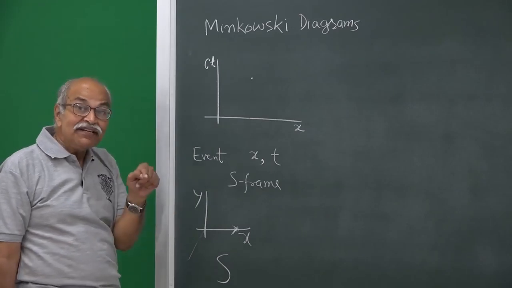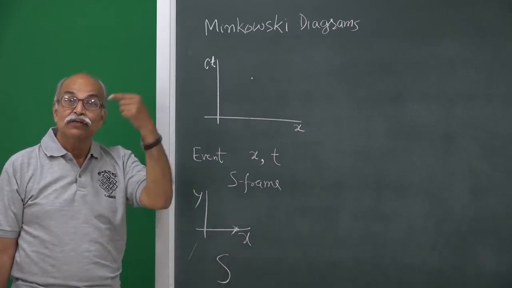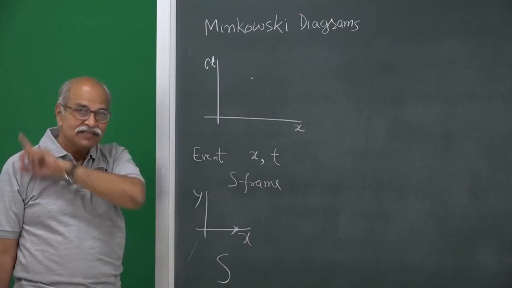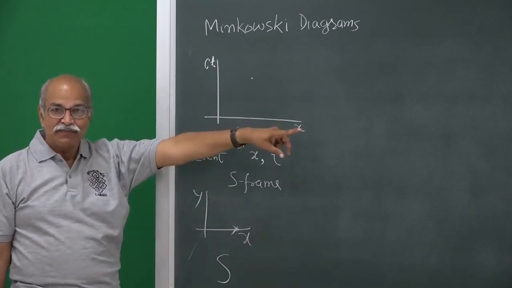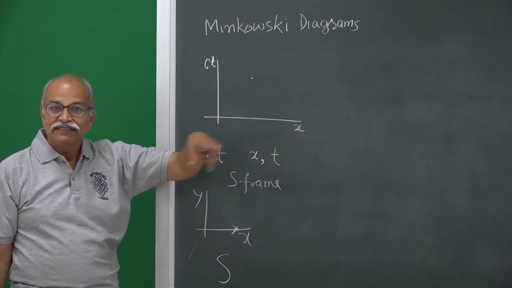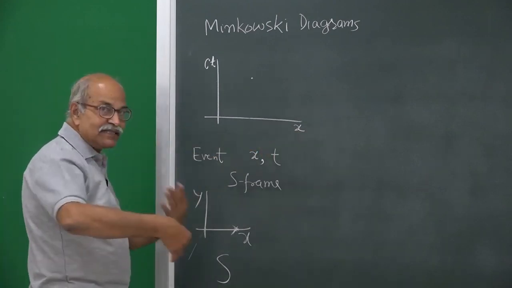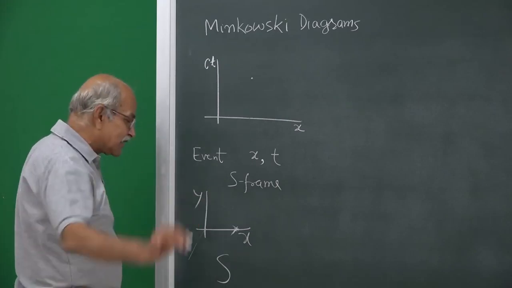But the same event can be seen from S prime frame also. The same definition, S prime moves with respect to S along the common x axis with velocity v in positive x direction, and all those things, origins cross at t equal to 0 and t prime equal to 0, all that same.